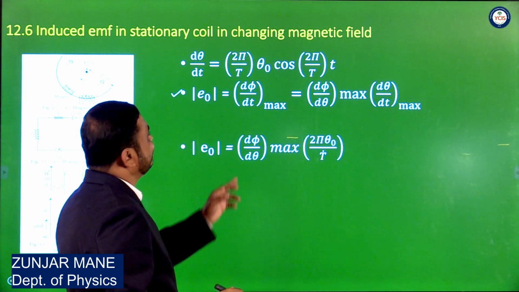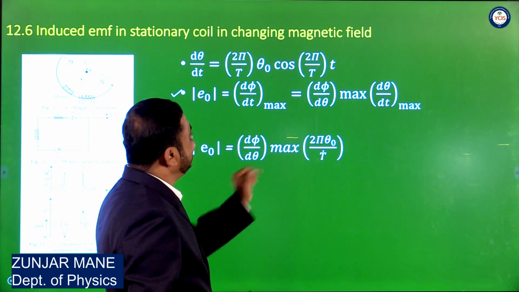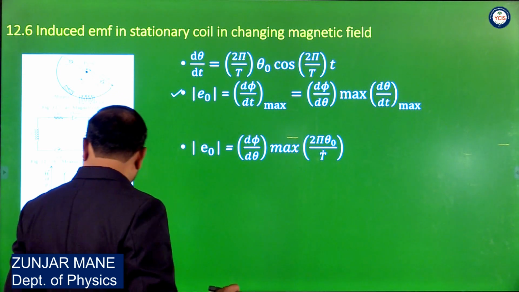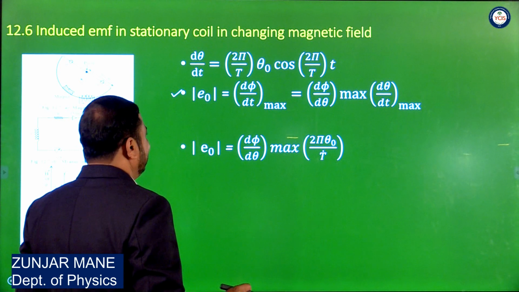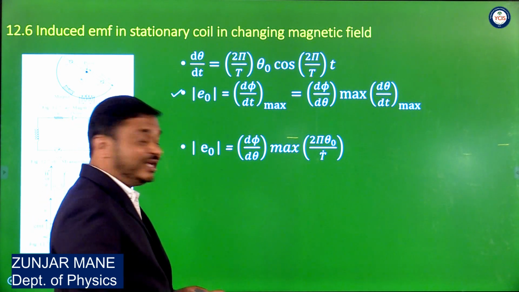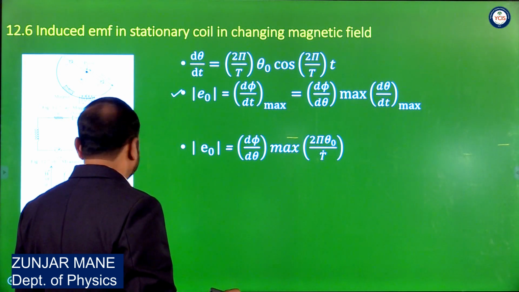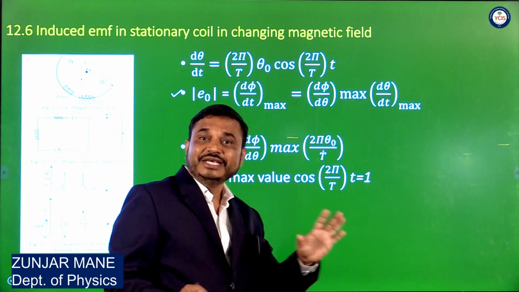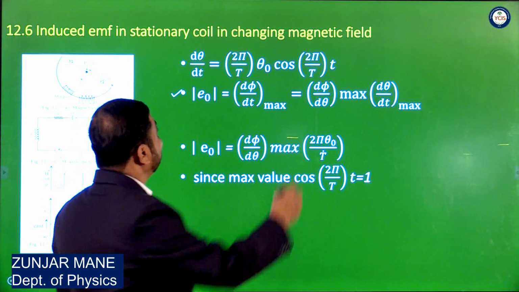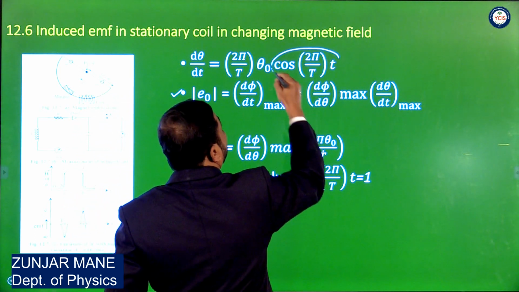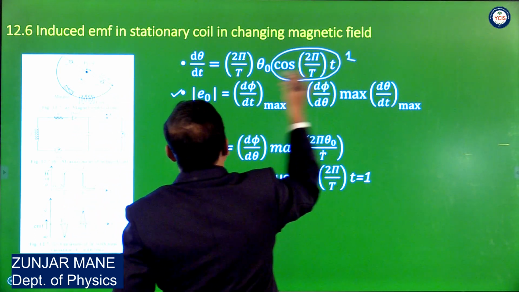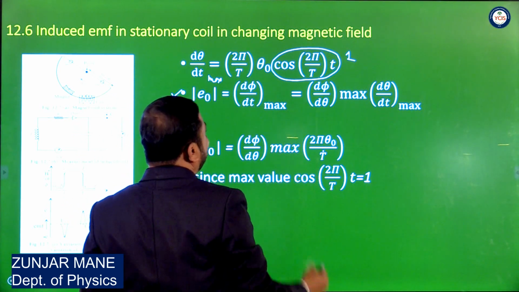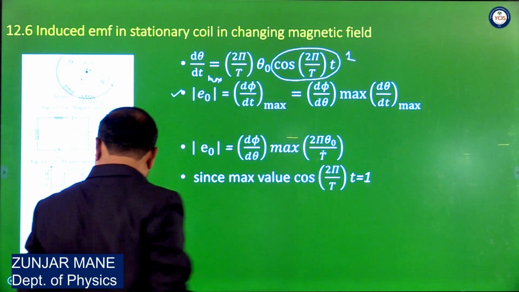Now E0 is equal to (dφ/dθ) maximum, and the value of dθ/dt is a maximum, which is equal to 2π θ0 upon T, because the maximum value of cos (2πt/T) is plus 1. Substituting plus 1, we get (dθ/dt) maximum equal to 2π upon T into θ0.